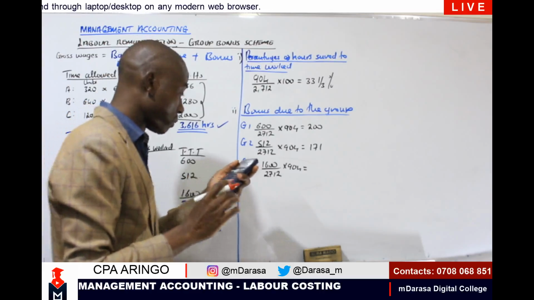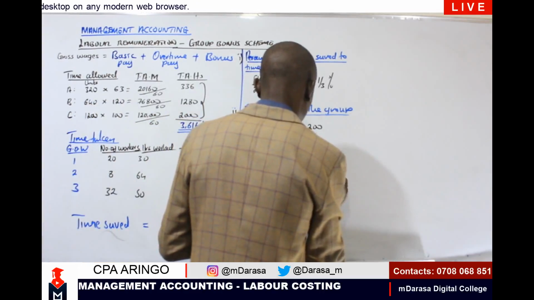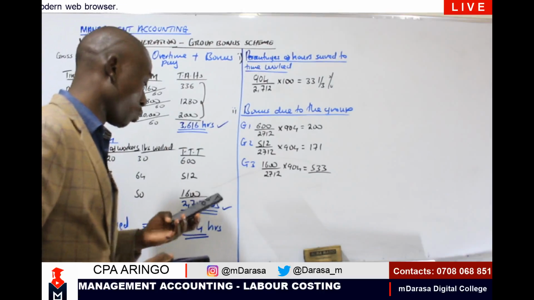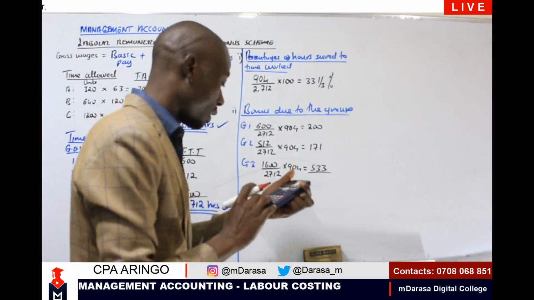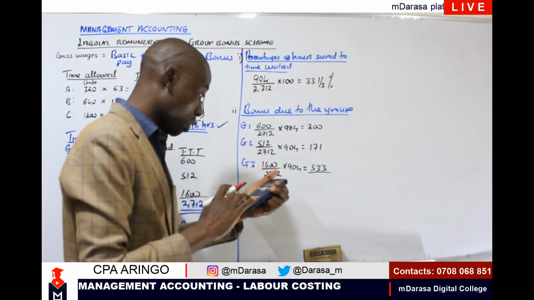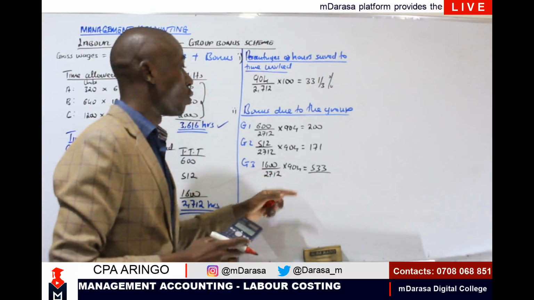That should be 533. Again, that should take us to what? That should take us to 904. We can confirm 200 plus 171 plus 533 should take us back to 904.